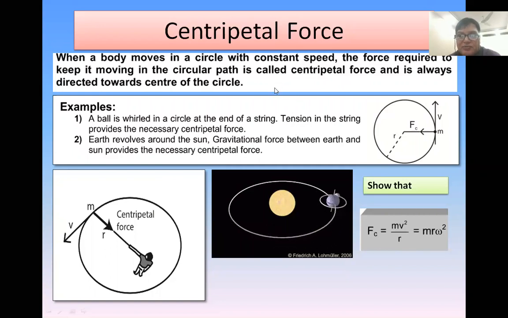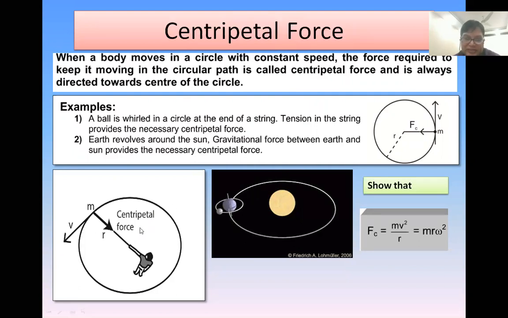My dear students, when you see the past papers, you see this definition repeated many times. What is centripetal force? When a body moves in a circle, the force required to keep it moving in a circular path is called centripetal force. It is always directed towards the center of the circle.